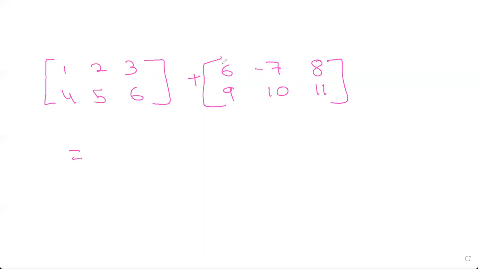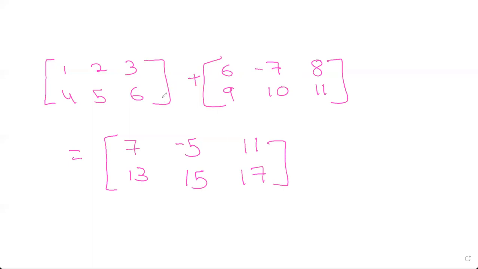You add this and the 6, so the answer will be 7. 2 minus 7 is minus 5. 3 plus 8 is 11. 4 plus 9 is 13. 5 plus 10 is 15. And 6 plus 11 is 17. So this is the answer when you add these two matrices.